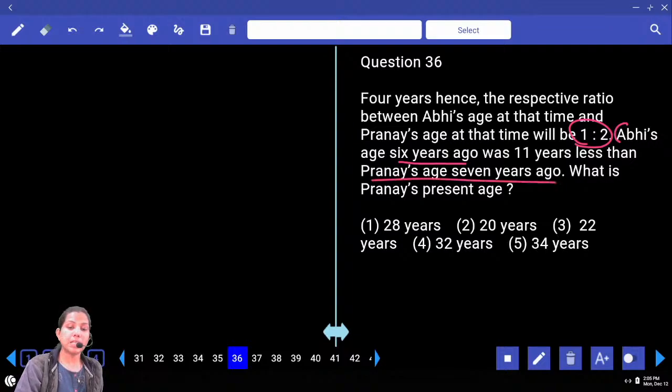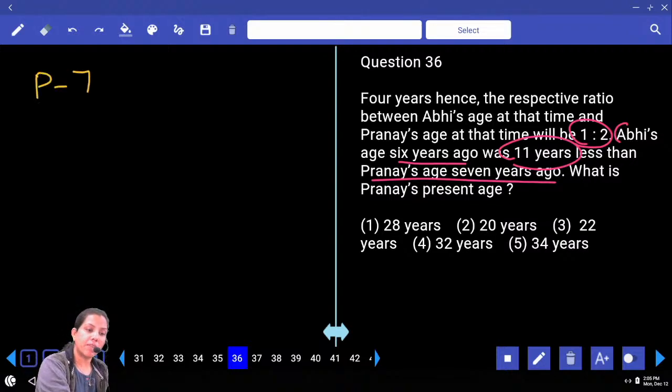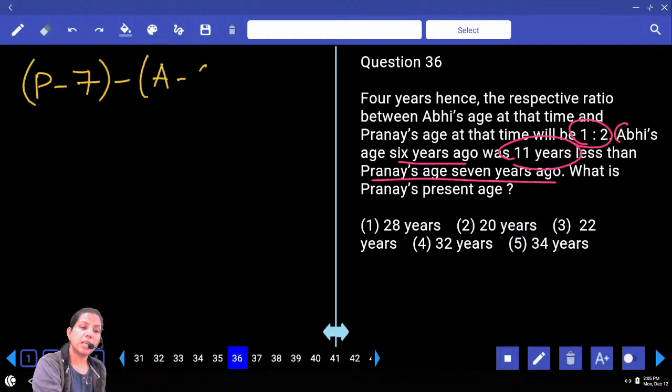Abhi's age 6 years ago was 11 years less compared to Pranay's age 7 years ago. What is the difference between these two persons? 11 years. Pranay is 7 years back, Abhi is 6 years back.